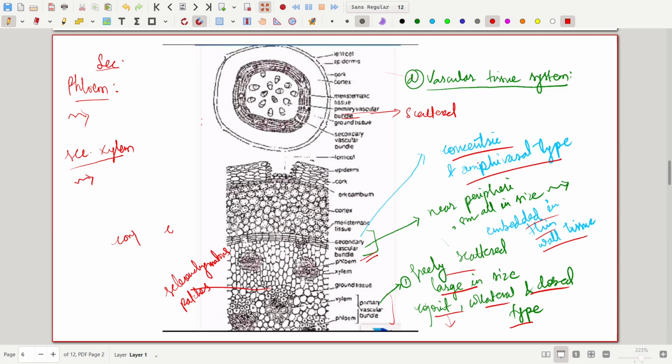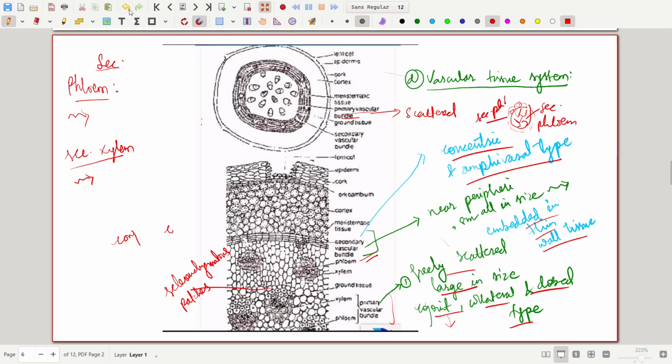amphivasal type. And the concentric and amphivasal type means that it has a structure with the secondary phloem at the middle, which is covered on the outside by the secondary xylem in the same form.